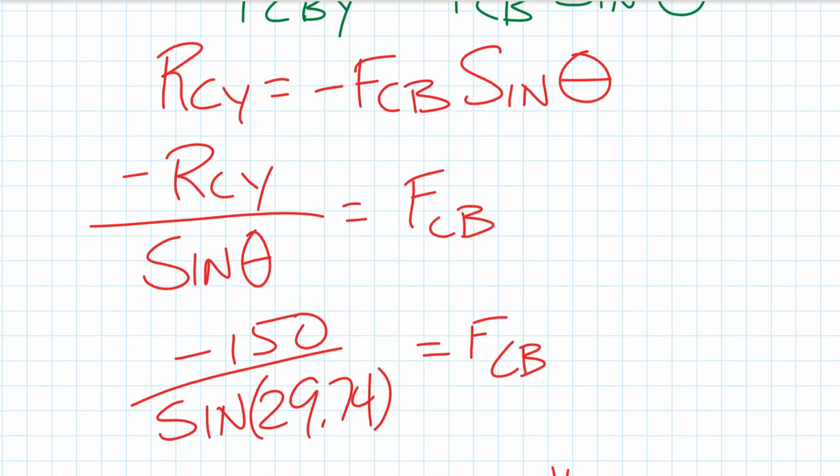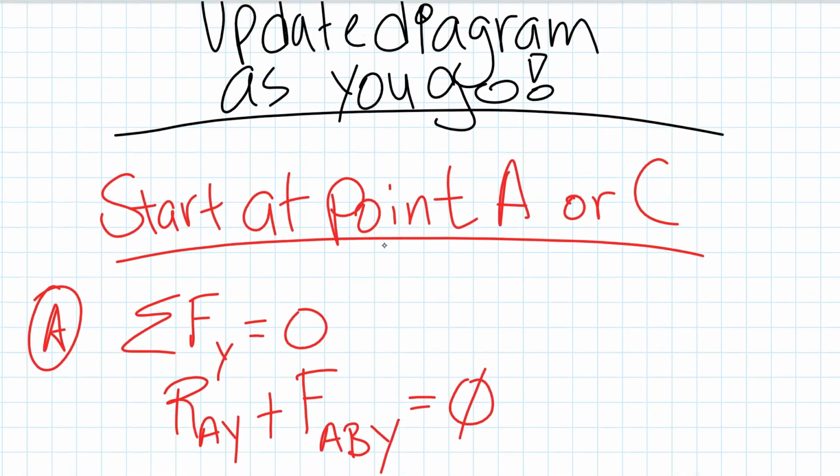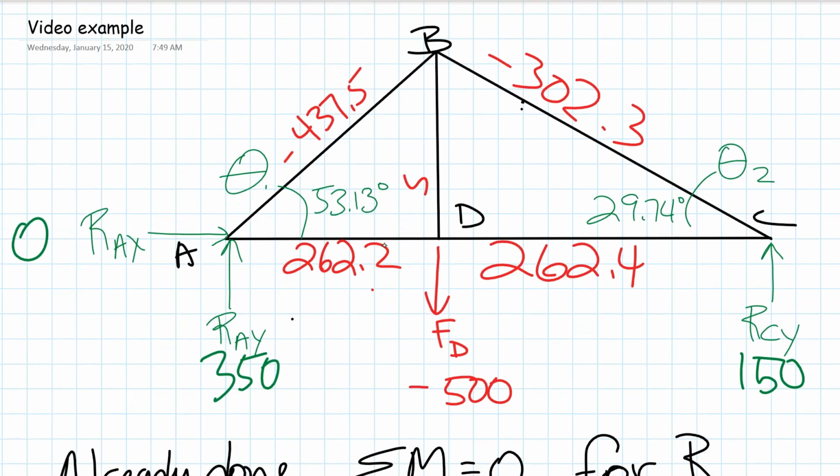So we go up here to our diagram one more time. And we write 500 on this member, and we can see that 500 is opposite of the negative 500. So there's a lot of tension on that member. So if you were analyzing this, you would say that would be the first thing that would break.